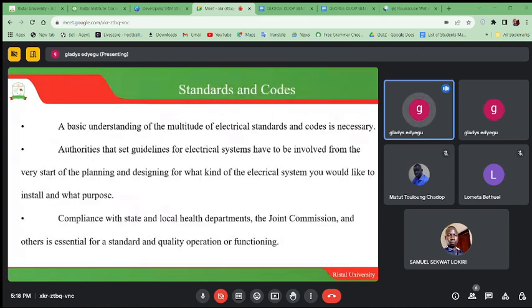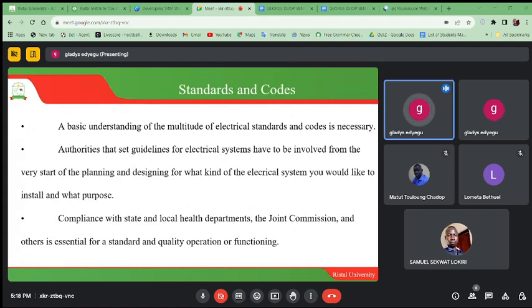So the standards and the codes are very key. A basic understanding of the multitude of electrical standards and codes is very, very necessary. And when you follow this, then you're going to ensure the safety of your patients, the safety of your machines and the safety of your health workers.